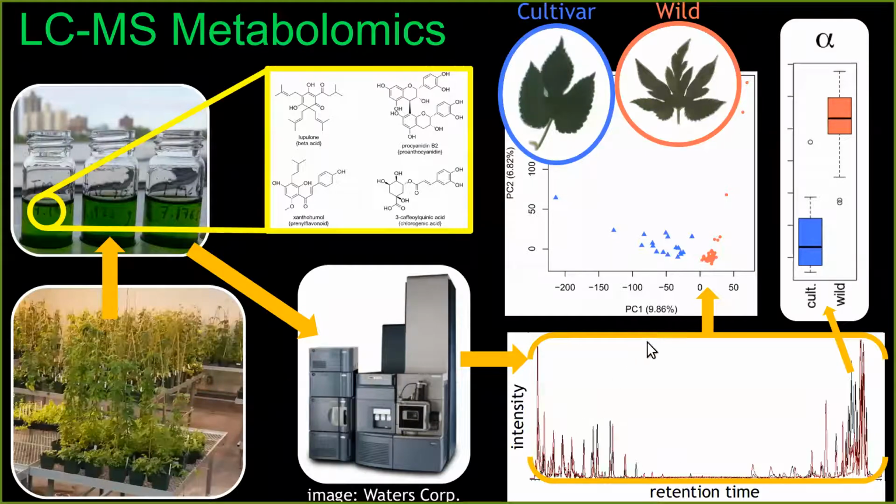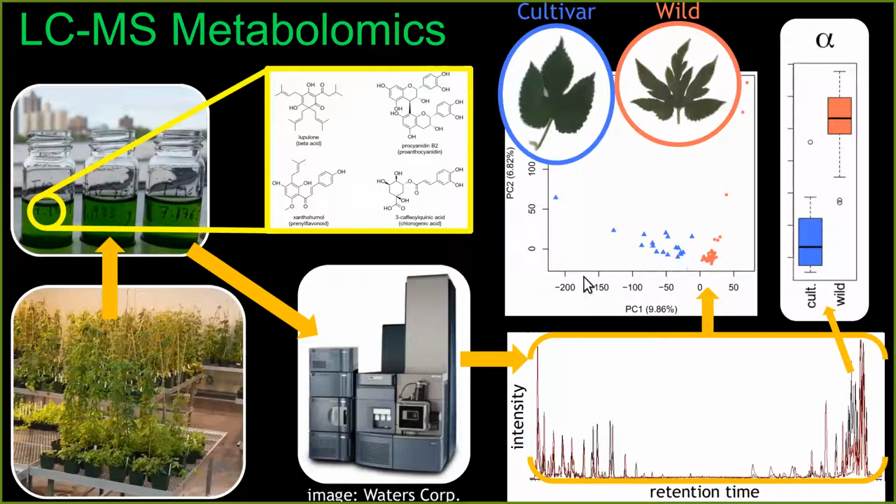And then we use principal component analysis to simplify the data into its most important dimensions. So each one of these points on this graph represents an individual sample, and the color tells you which group it belongs to. So the blue ones are the cultivars, the red ones are the wild hops.